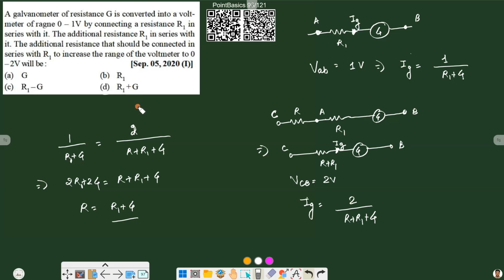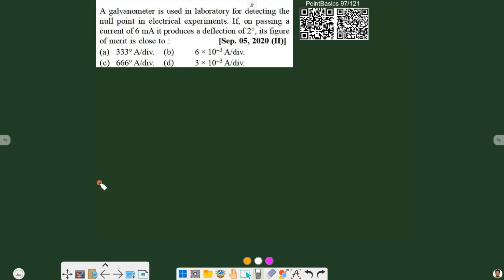Moving to the next one. A galvanometer used in laboratory for detecting the null point in electrical experiments, on passing a current of 6 milliampere, produces a deflection of 2 degree. Its figure of merit is close to?